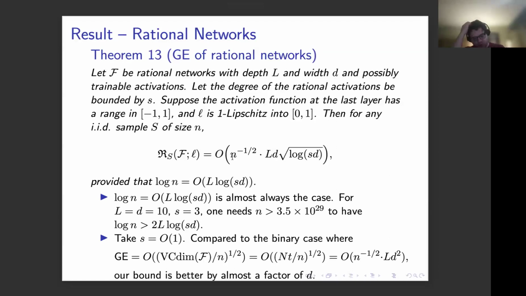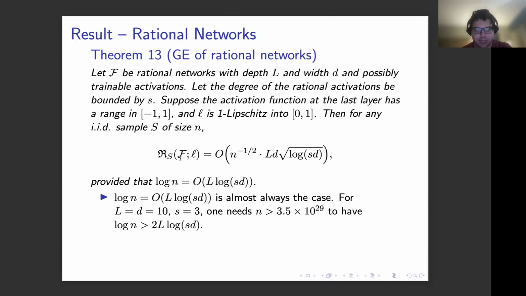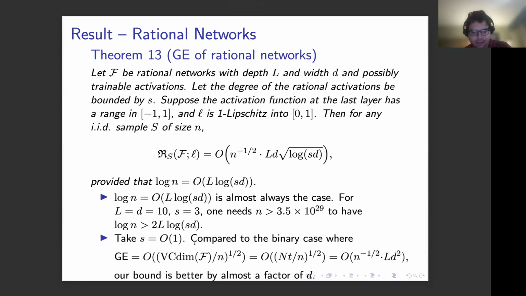It's sort of comparable. We don't find results directly in this setting in the literature because rational neural networks are not as studied, but in the most analogous case we could find, this is actually an improvement by a factor of D.